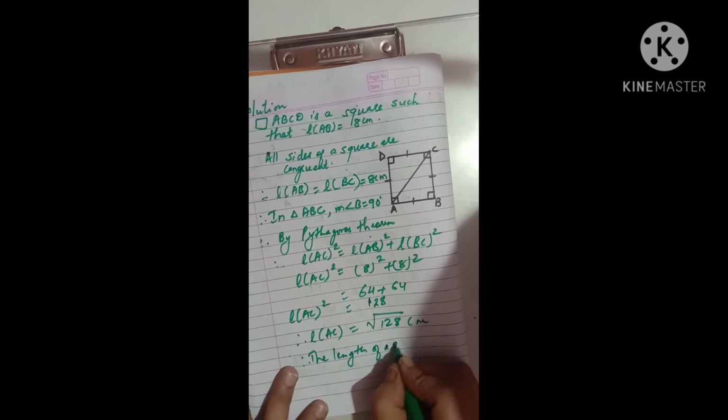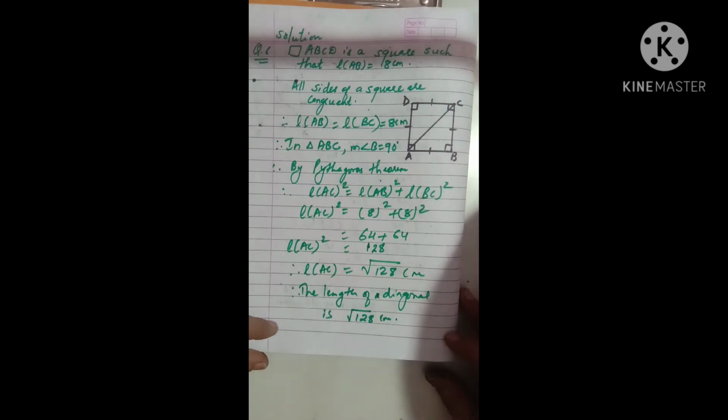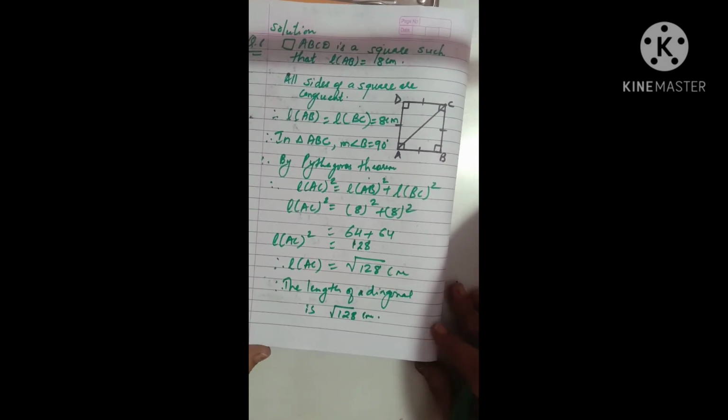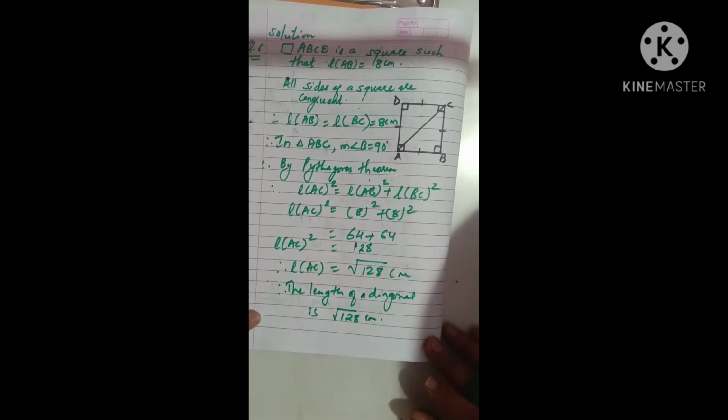The length of diagonal is square root of 128 centimeter.